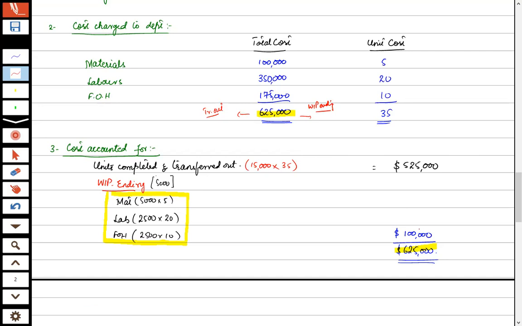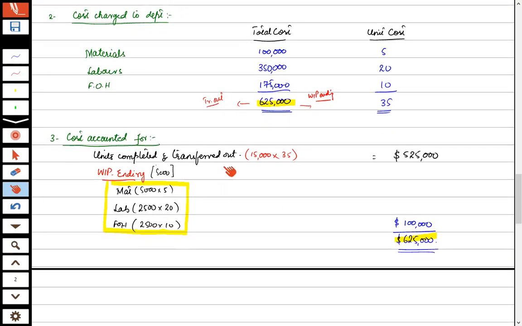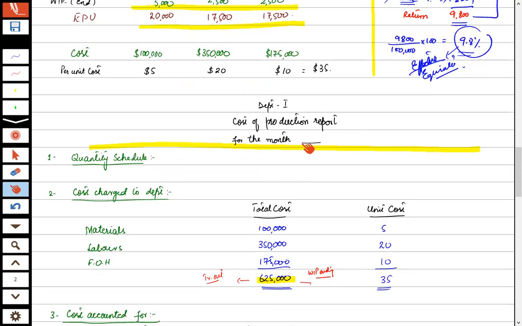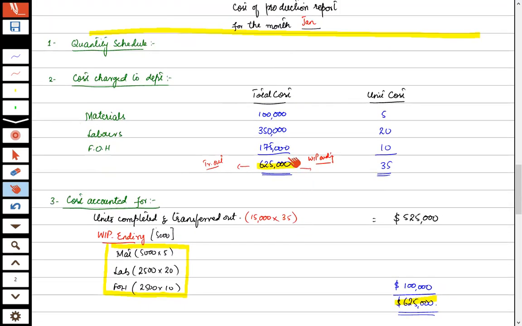Okay. Let me connect this concept with the financial accounting concept. This is WIP ending. Let's suppose this is for the month of Jan. So this WIP ending cost of 100,000, or units 5,000, will become the WIP opening for the month of Feb. Getting this point?